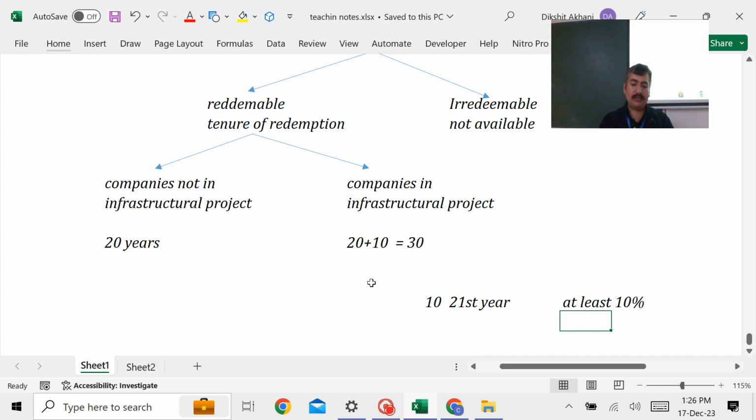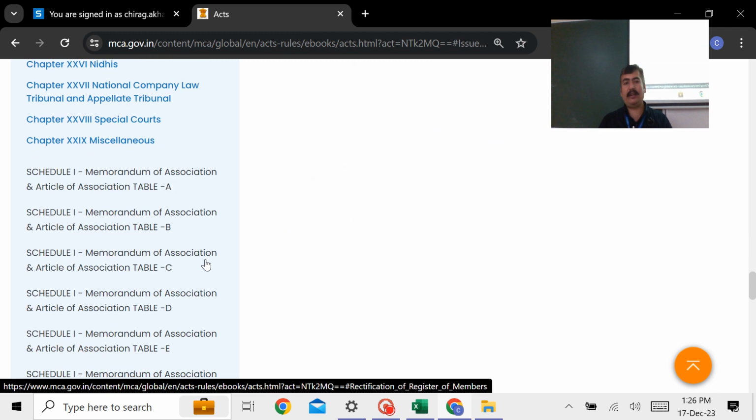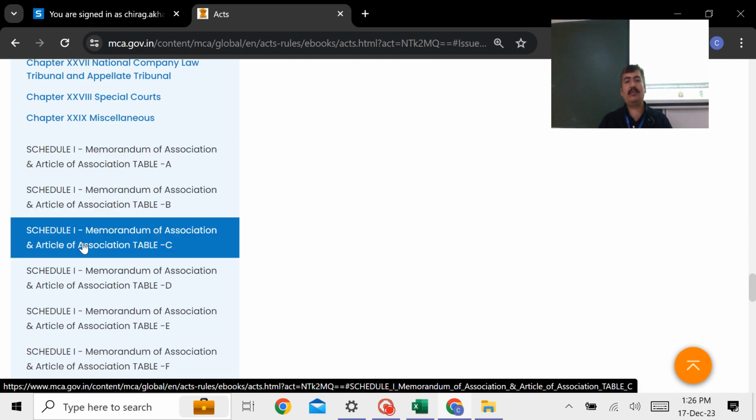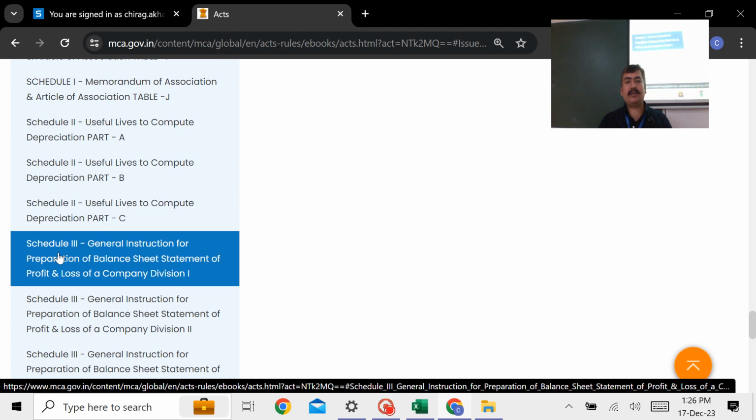But these facilities are allowed to be enjoyed only and only by the companies which are involved in what kind of business? Infrastructural projects. And it's not like any kind of infrastructural project. Let me tell you, if you see the company law at the end, there are some schedules. Look at Schedule 1, Schedule 2, Schedule 3. Schedule 3 is nothing but the formatting of the balance sheet, the financial statement.